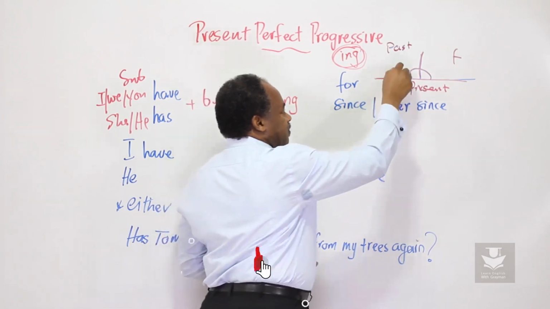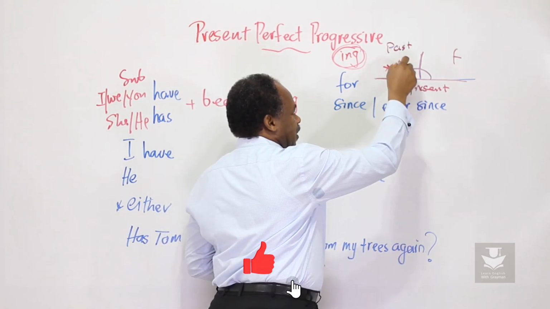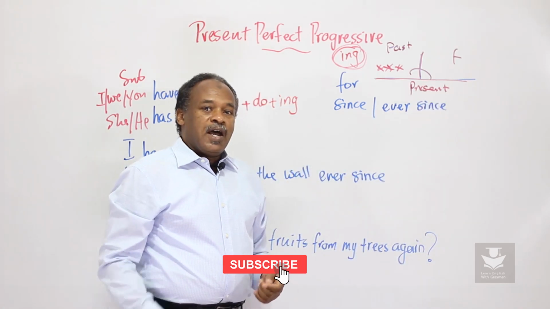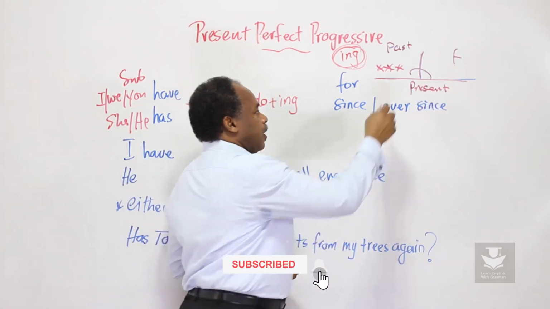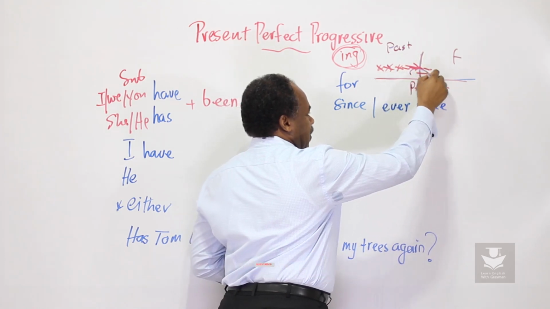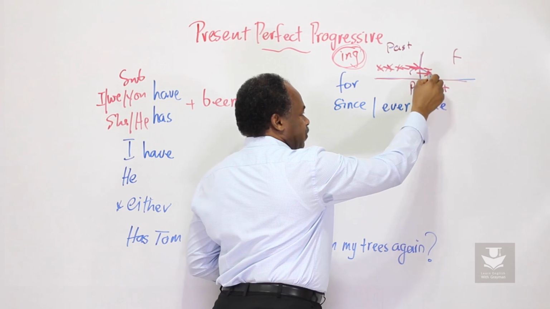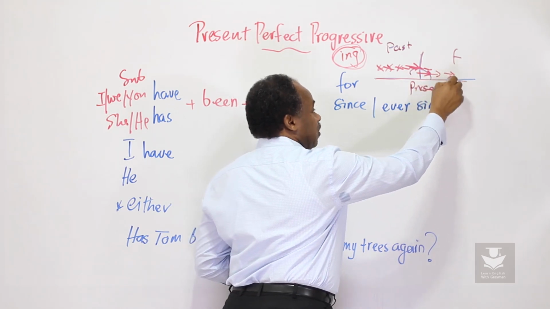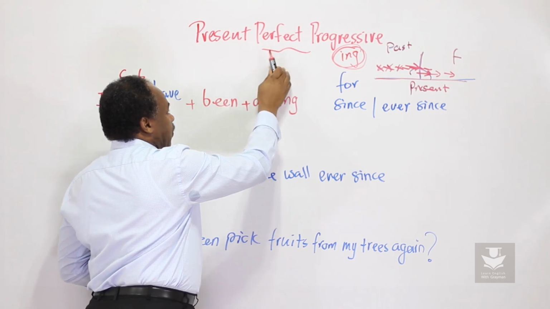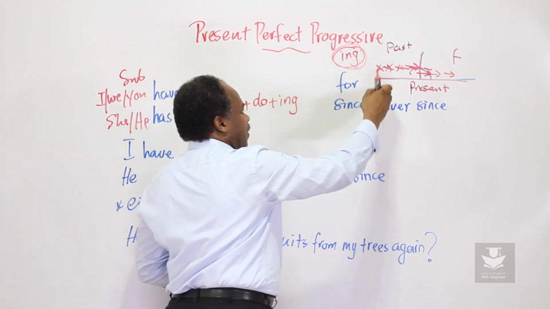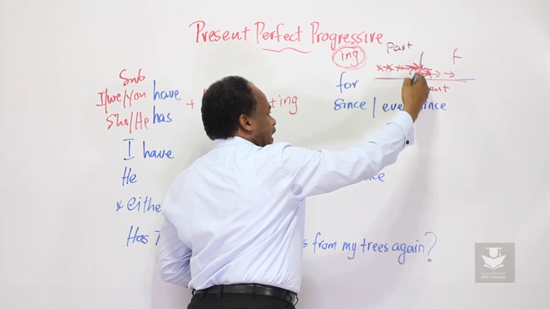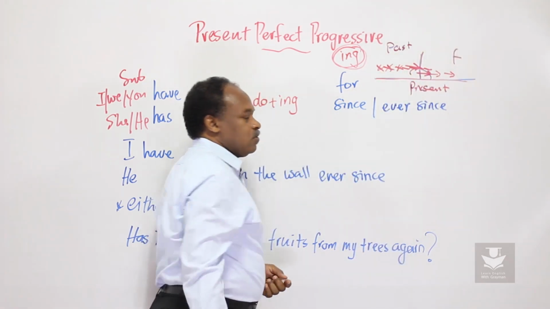It starts sometime here, in the area of the past, and it is still going on. It comes into the present, and maybe is going to continue in the future. That's why we say present perfect progressive. It happens in the past, it's continuing until now, and it might continue in the future.